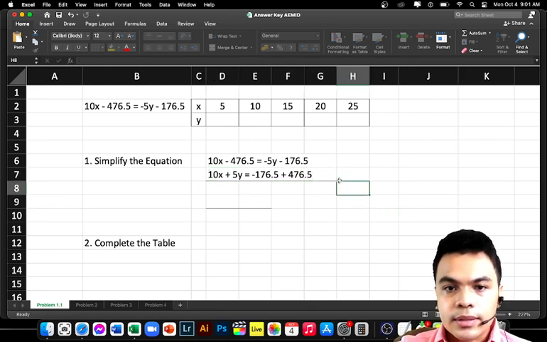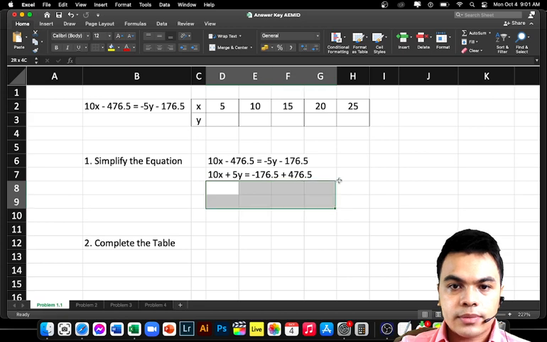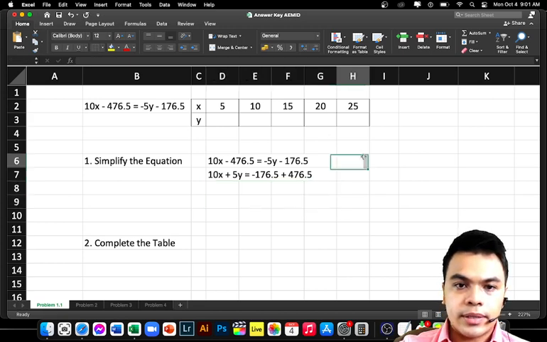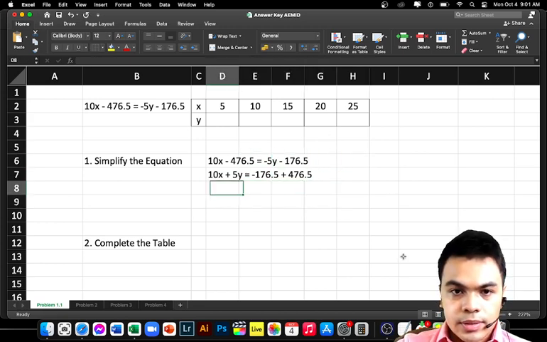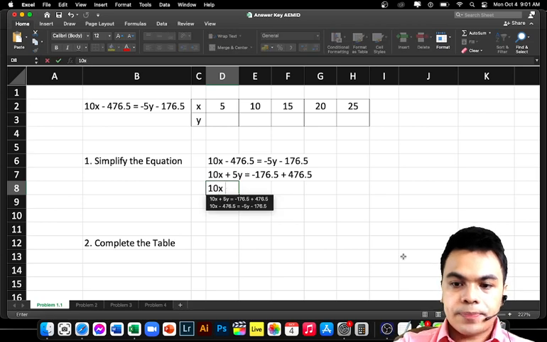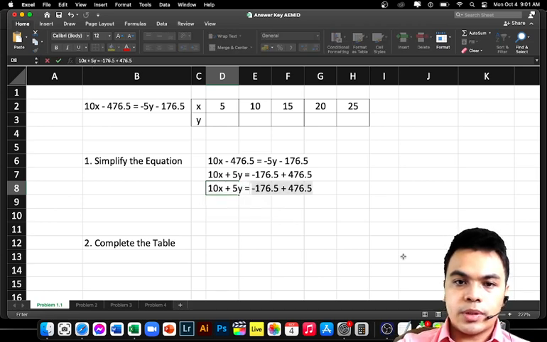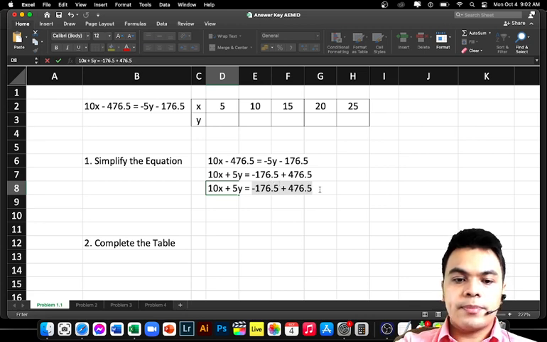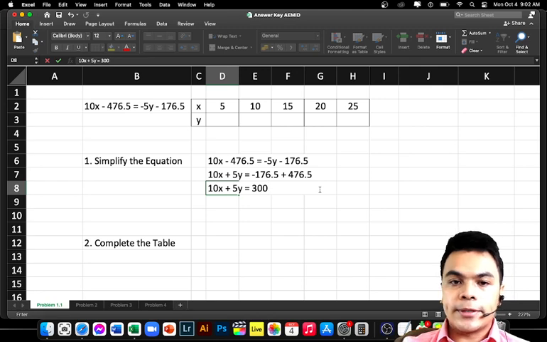Okay? Ayan. So, what's next? Wait lang, tanggalin natin yung lines. Okay? So, magiging 10x plus 5y is equal to negative 176.5 plus 476.5 is positive 300.